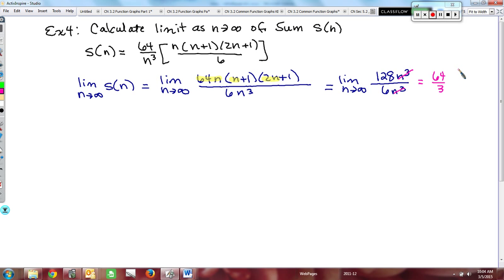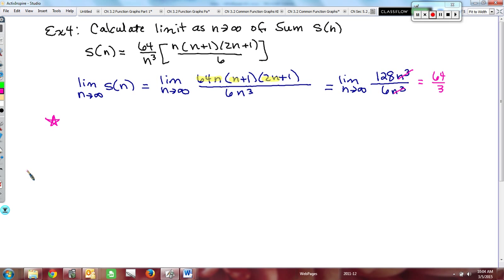While I'm here, I want to remind you to be very careful. The properties we had for summations, derivatives and limits were very similar. The limit of a constant times a function, pull the constant out. The derivative of a constant times a function, pull the constant out. The summation of a constant times a function, pull the constant out. So that all works the same.